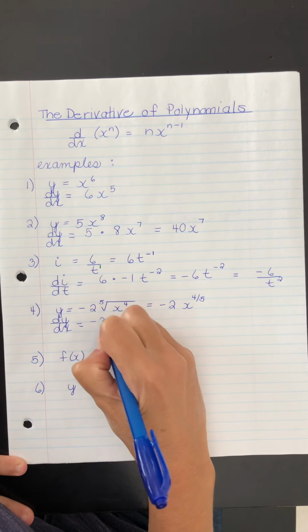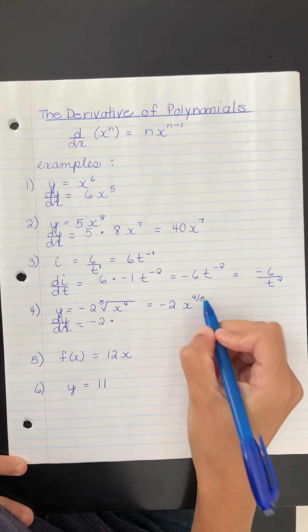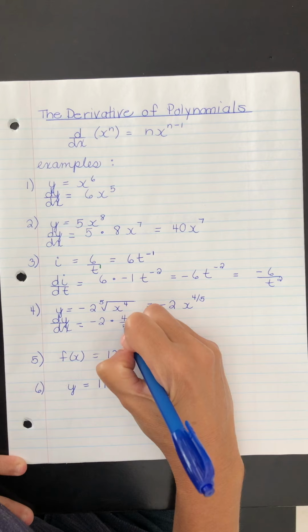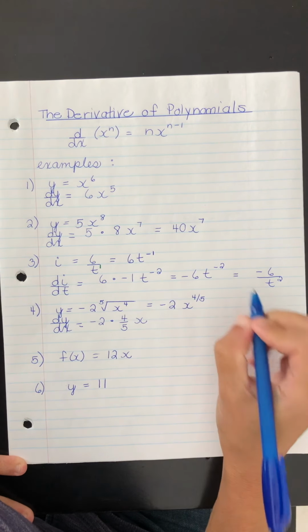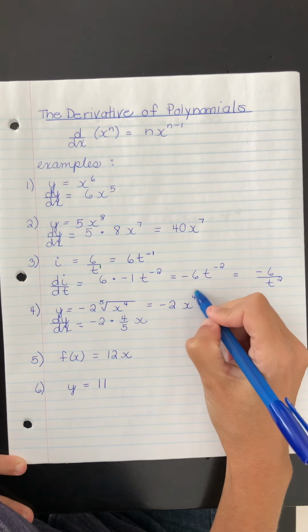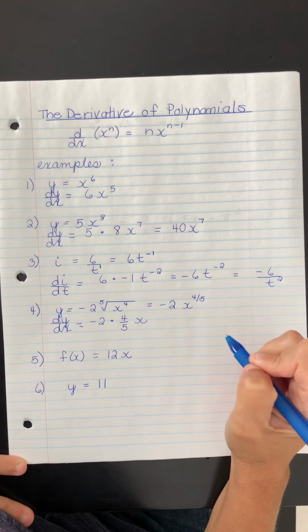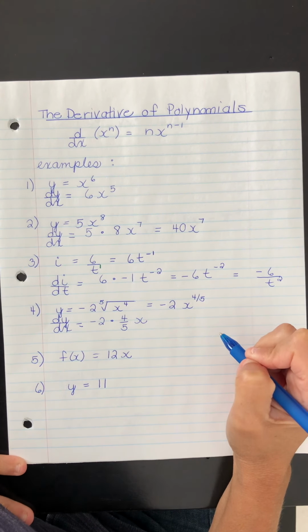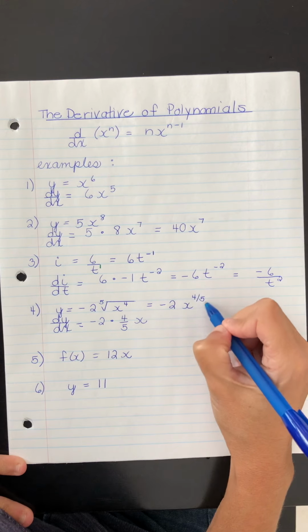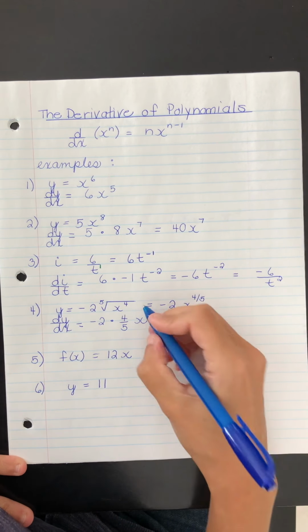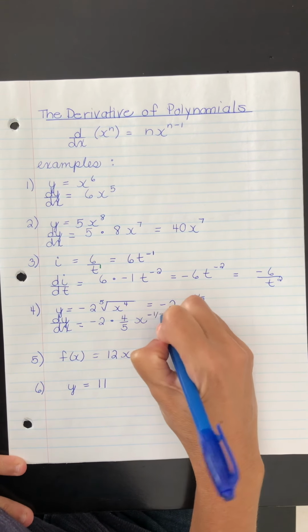So the negative 2 gets multiplied by 4/5 x to the, from 4/5 we must subtract 1. 4/5 minus 1 is the same as 4/5 minus 5/5, and therefore it's negative 1/5.